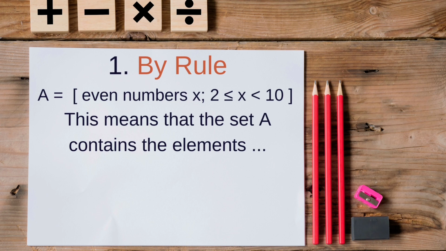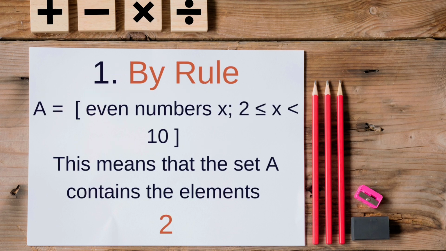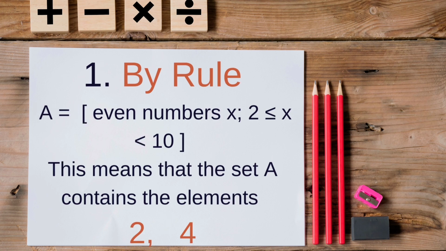This means that the elements in this set will be 2, the next element will be 4, the next element will be 6.